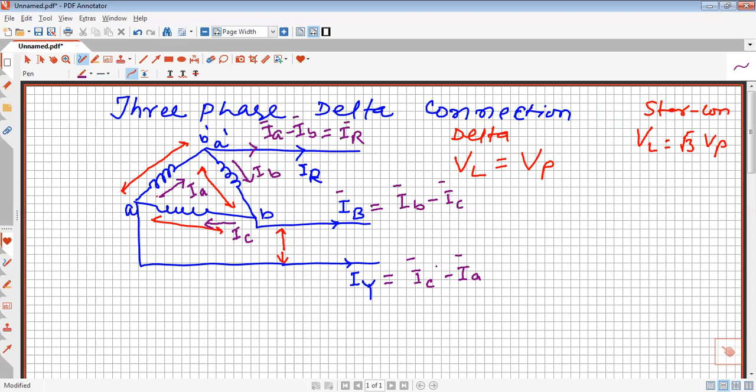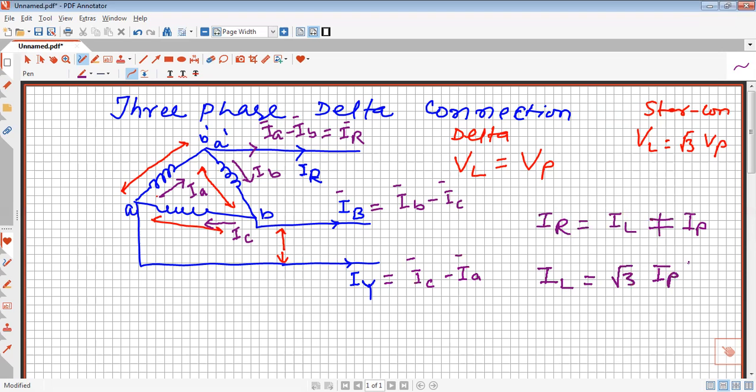So definitely we can say that here IR is called the line current, and this line current is not equal to the phase current. So we have to solve this equation. What is the relation? We have to derive a relation: line current is root 3 times phase current.